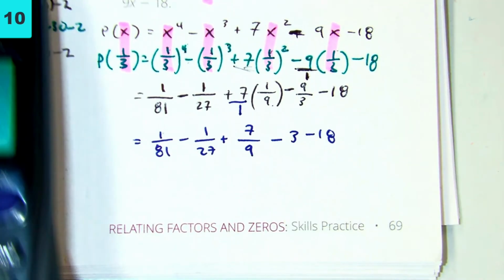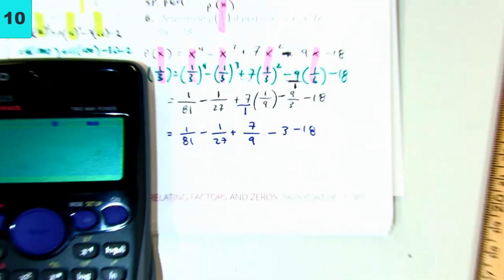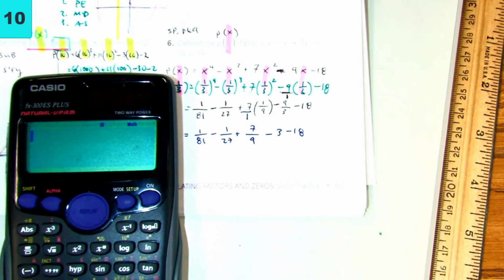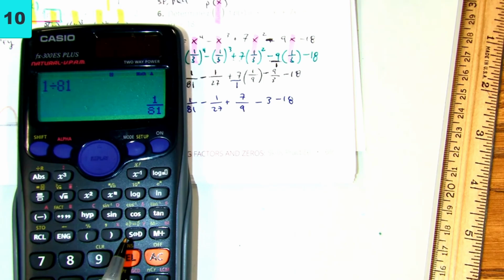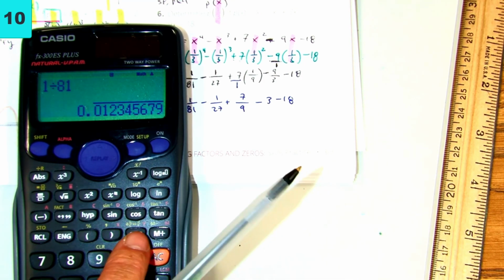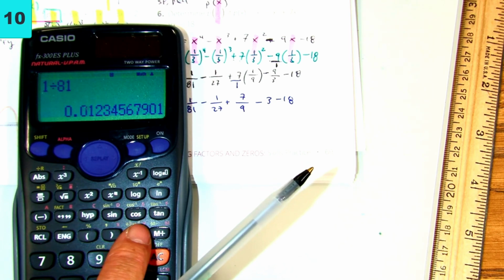So let me try that with this calculator, but I will show you what I'm putting in here. 1 divided by 81. And if you get a fraction like I did on my screen, your calculator might have a button called S to D. I think it's standard to decimal. So if you press it, it will give you a decimal. Or if you go back, it should give you a fraction. See that?